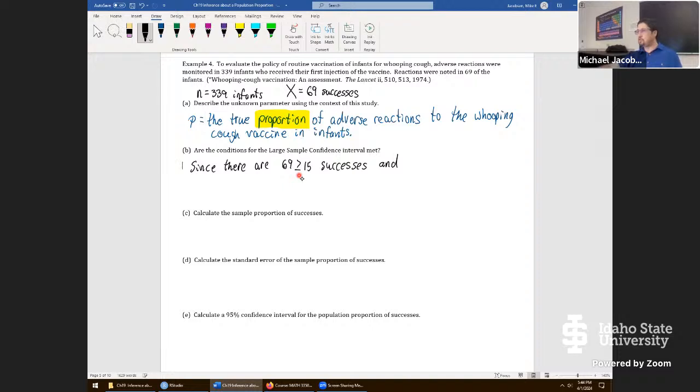And to get the failures, just go to the total sample size, 339, subtract the successes. This one's 270, so easily meets the benchmark, greater than or equal to 15 failures. The sample size is large enough.